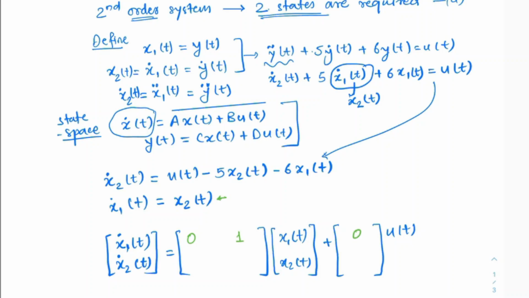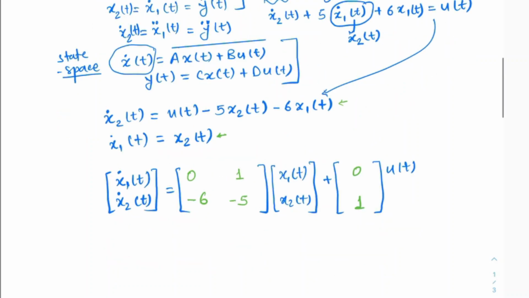Now the second equation is this one: x2 dot is 1 times u of t minus 5 times x2 and minus 6 times x1.